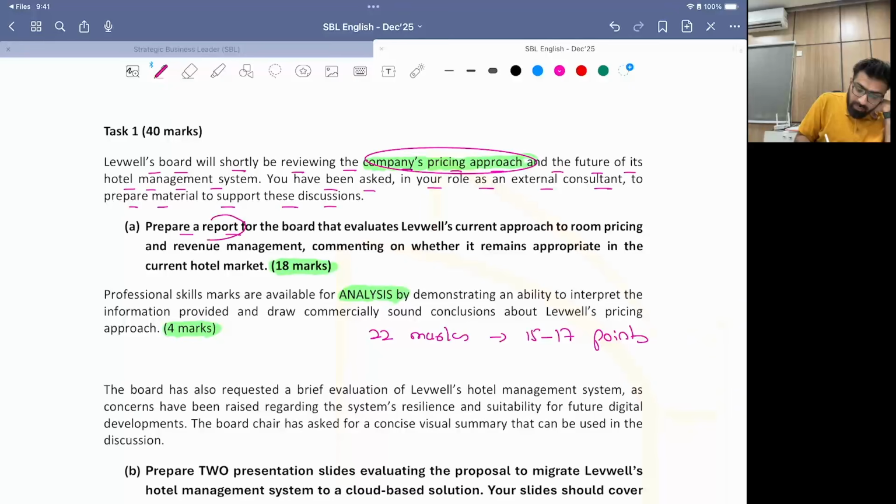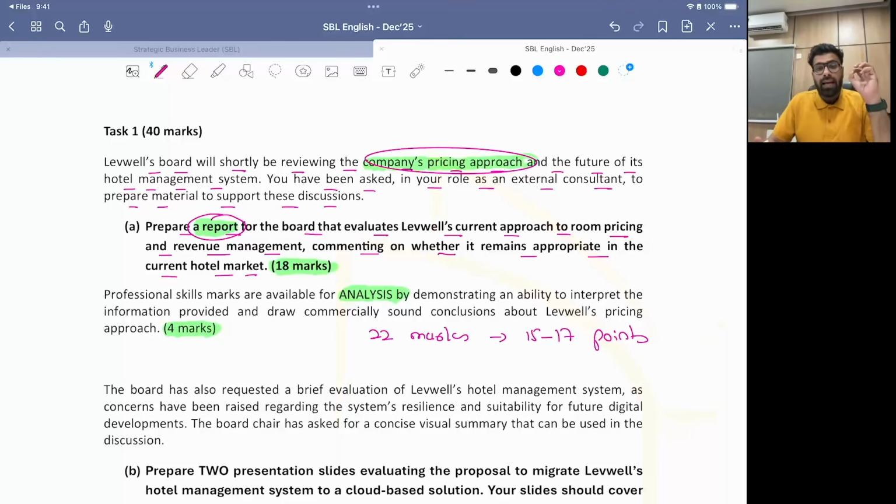Please prepare a report. Format is report. Now these are some key important things that you should know. For the board to evaluate Levwell's current approach of room pricing and revenue management, commenting on whether it remains appropriate in the current hotel market. So now let's see what the examiner has told you, or what I have told you, because I am the examiner of this mock.